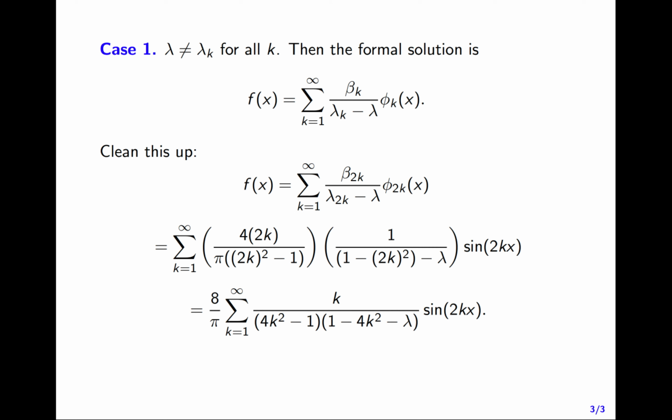And that turns out to be 8/π times the sum from k = 1 to infinity of k/(4k² - 1) times 1/(1 - 4k² - λ) times sin(2kx). Of course, getting the formal solution as we wrote it at the top of the screen is the most important thing to do, but whenever you're working with series, it's good courtesy to try to clean it up as much as possible.